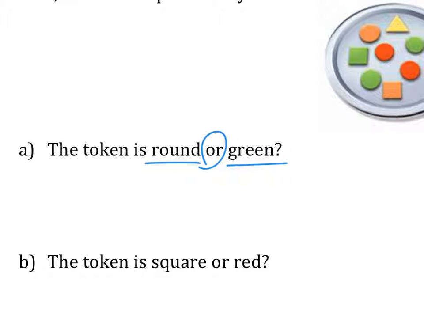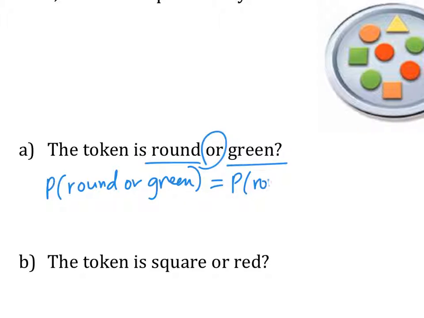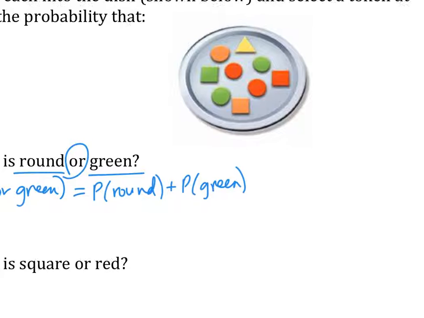Therefore, when you say probability of round or green, because round and green can be both at the same time, you need to do probability of round plus probability of green minus probability of round and green.